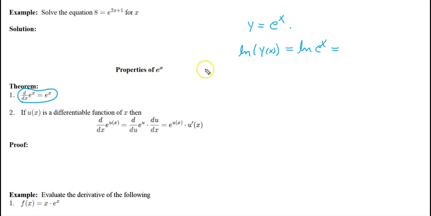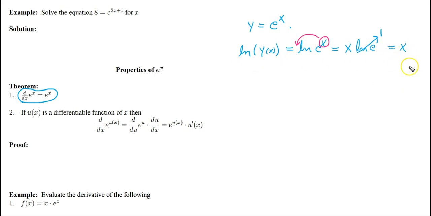Now this side, dropping that x down out of the exponent here, the right-hand side just becomes x times the natural log of e.